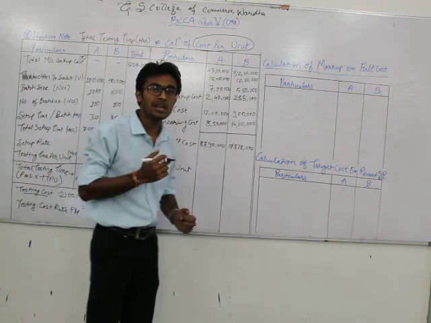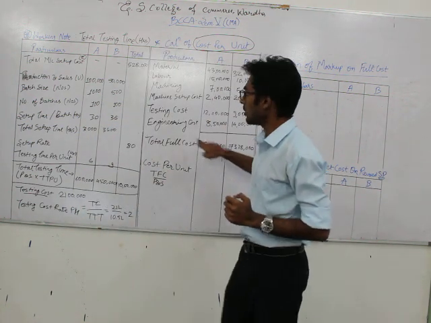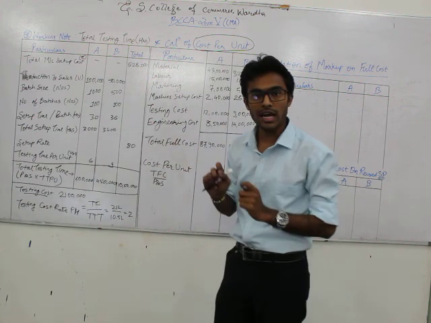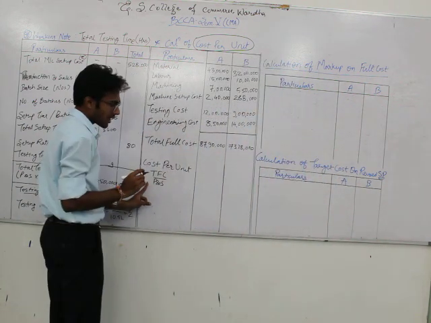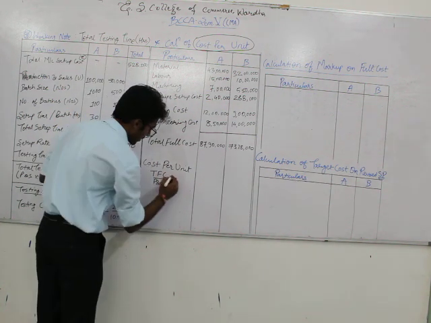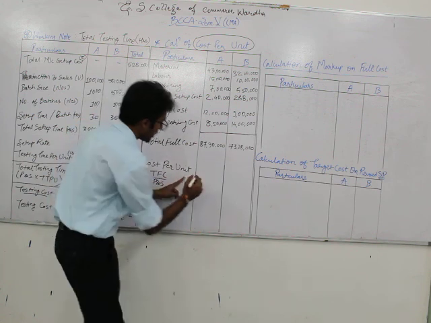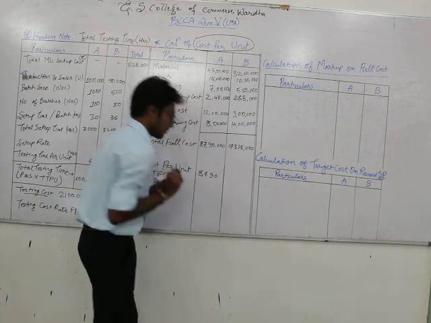So what will be the cost per unit? This cost is for 1 lakh units, so what can be the cost for 1 unit? This is your formula. You can go by logic or by this formula as well. So you will get here 87.90.